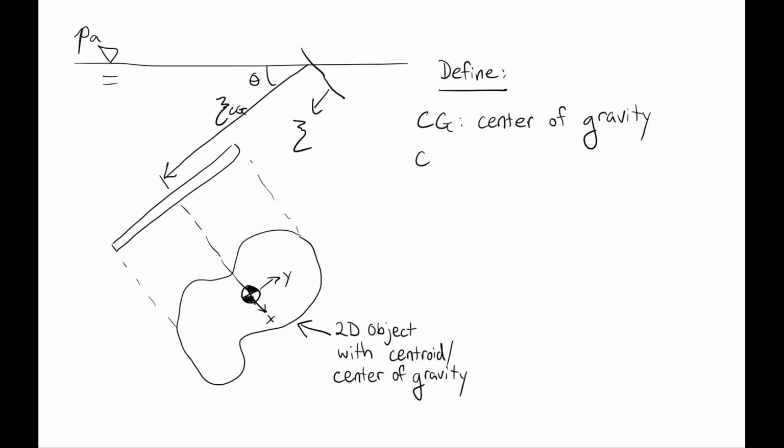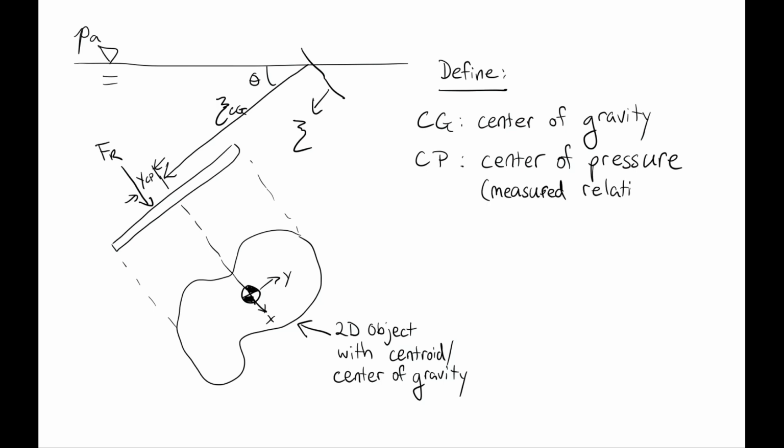And then I will define something called the center of pressure, which is where I think the resultant force acts, like where all of that pressure integrated over the area actually acts if you were to bunch it all up. And that's actually defined, first of all, I'll define that position, the center of pressure, relative to the center of gravity.